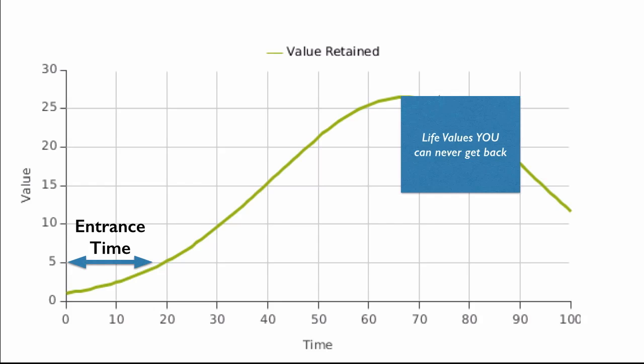If you knew where the peak was, then what you could do is actually backtrack your exit time from the peak and know that you need to exit here. Unfortunately, you cannot know that.